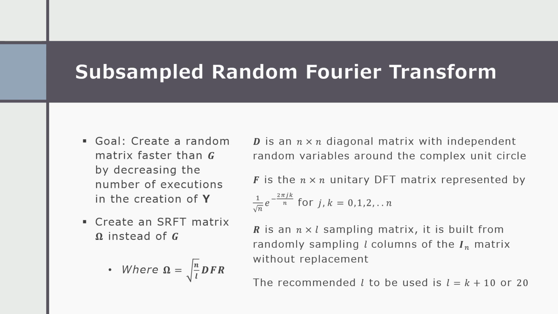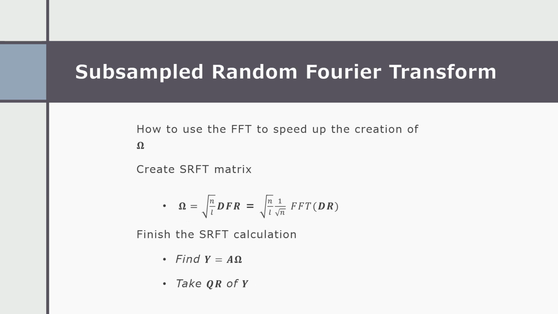This is the randomization part of SRFT. F is a DFT matrix, like we previously discussed. R is a sampling matrix, where the columns are L samples of the identity matrix of size n by n without replacement.